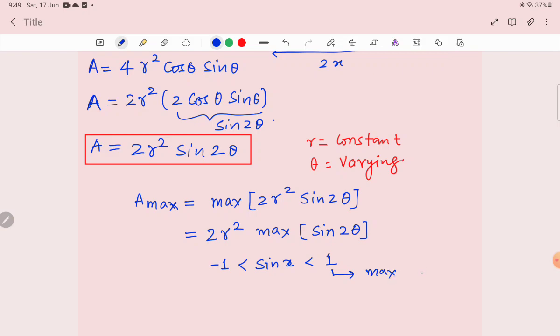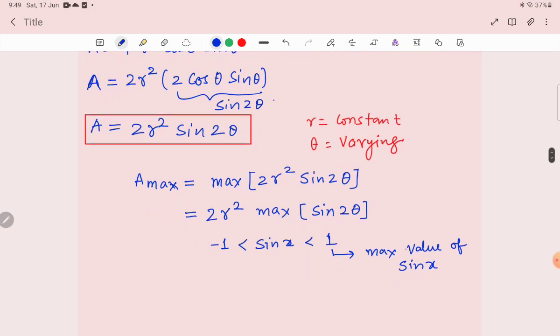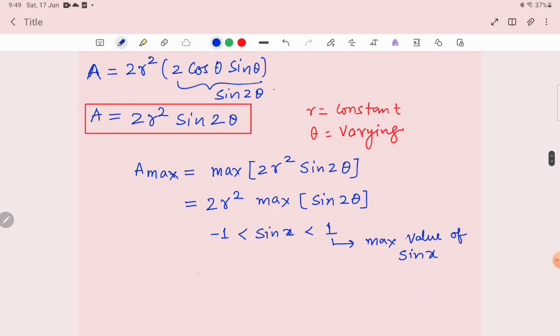So this is the maximum value of sine x. That means the maximum value of sine 2 theta will be 1, such that 2 theta equals 90 degrees. Why so?